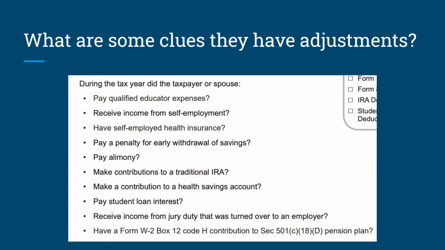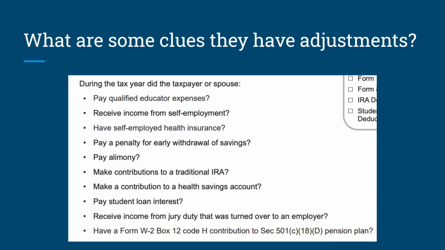Did they pay alimony? Did they make contributions to a traditional IRA? Did they make contributions to a health savings account? Did they pay student loan interest? Did they receive income from jury duty that was turned over to an employer? Or did they have a Form W-2 Box 12 Code H contribution to a Section 501(c)(18)(D) pension plan?